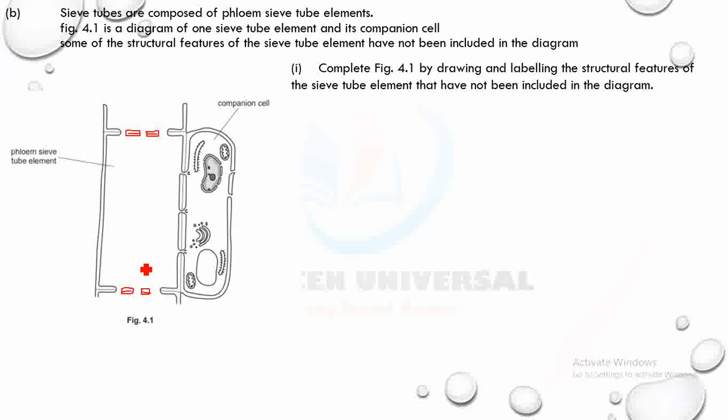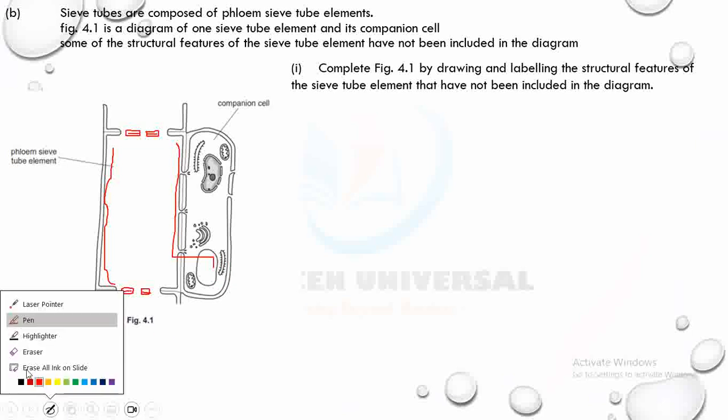The sieve plate is perforated, at the end walls. Now this is thin cytoplasm. You can see thin cytoplasm. I'm showing thin cytoplasm.